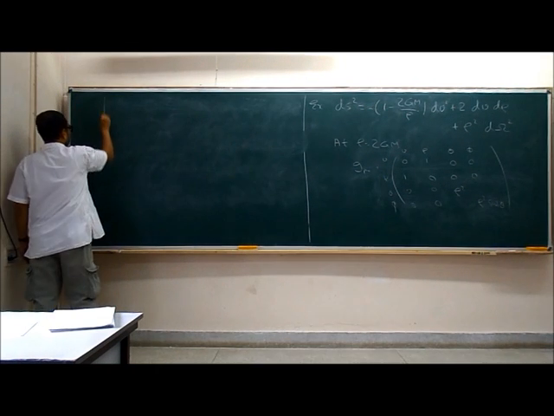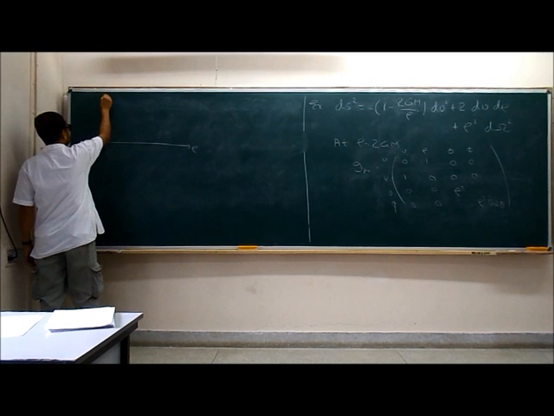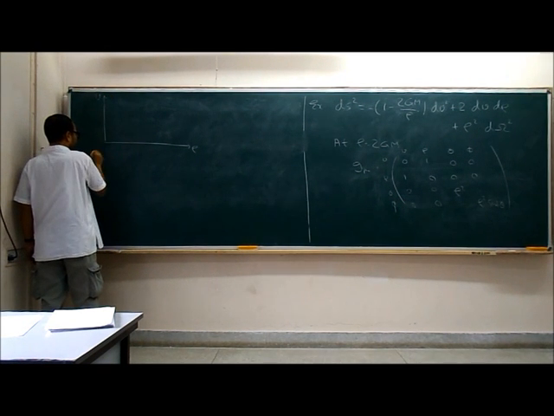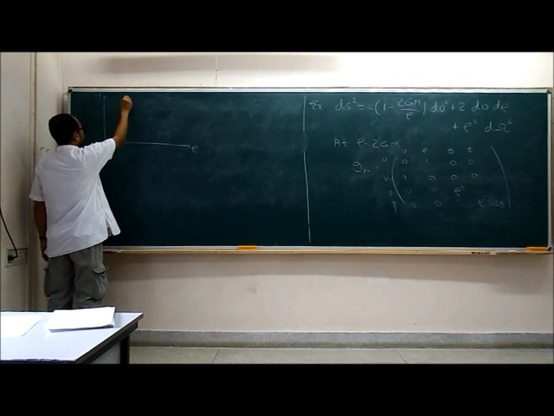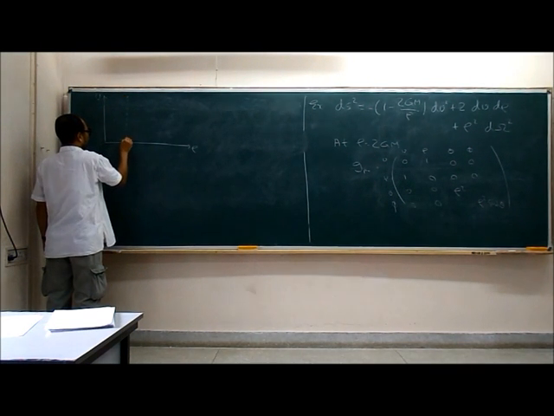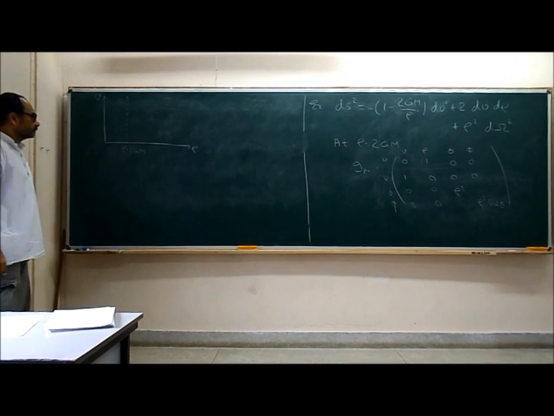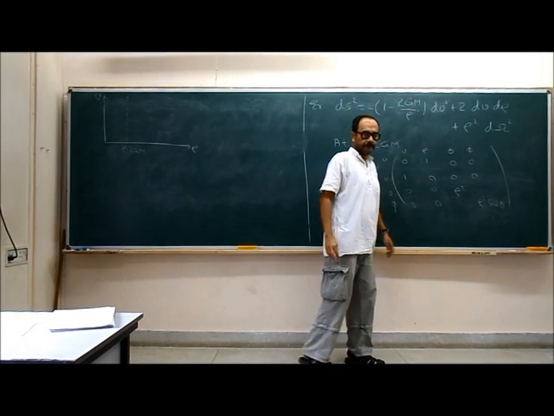So let me draw this rho, v space. Rho equal to 0 turns out to be a genuine singularity, so we don't want to go beyond rho equal to 0. But this is my rho equal to 2GM, where nothing becomes singular in this metric.